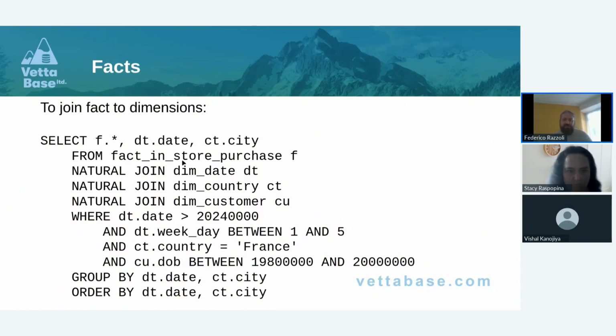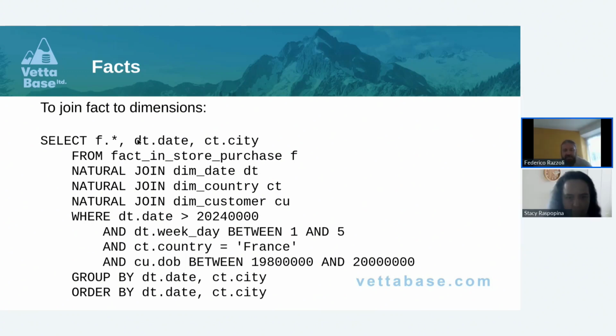This example is a bit simplified and actually even incorrect, because in the select clause we should see some aggregation, but to simplify things, I just listed all the columns. But in practice here, we might want to have something like, for example, we might select the date and the city because they are the aggregating columns.